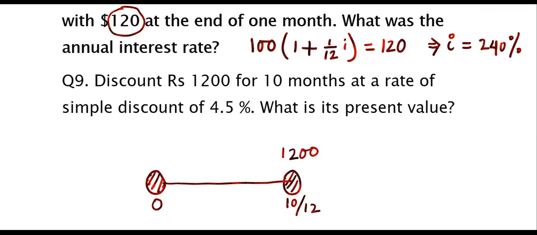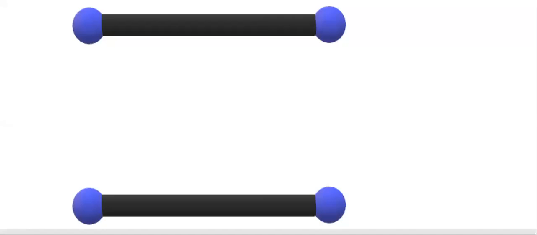Let me go back to the other slide. These are the two formulas for today. A deposited will grow to A into 1 plus I after 1 year, A into 1 plus 2I after 2 years.